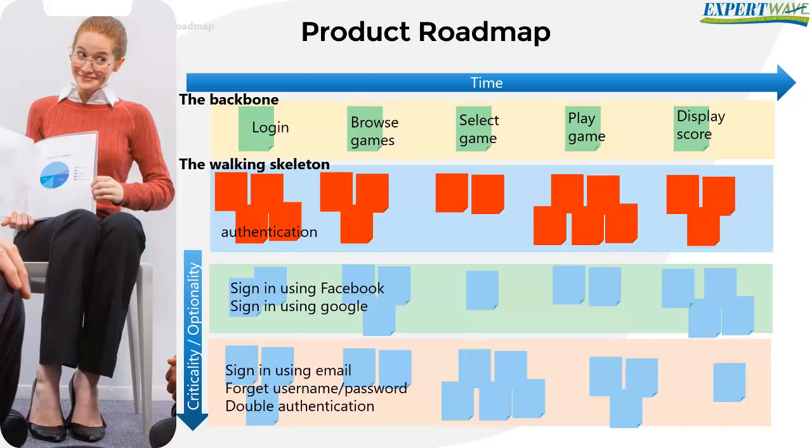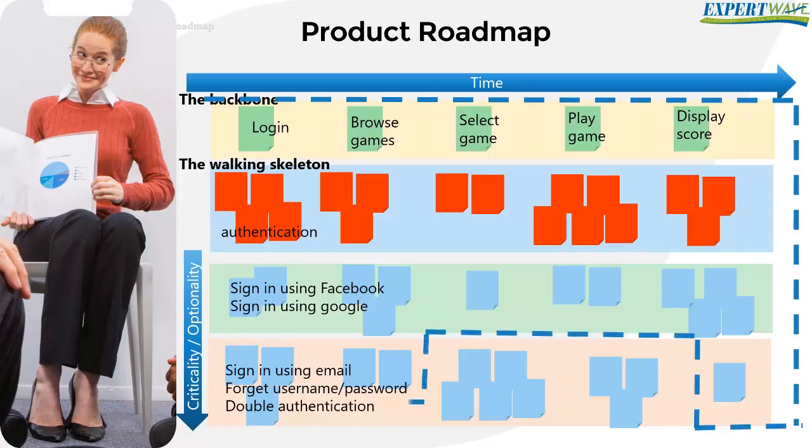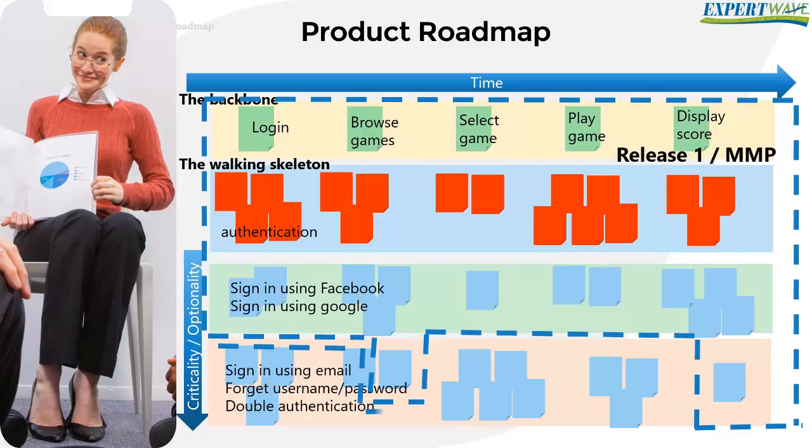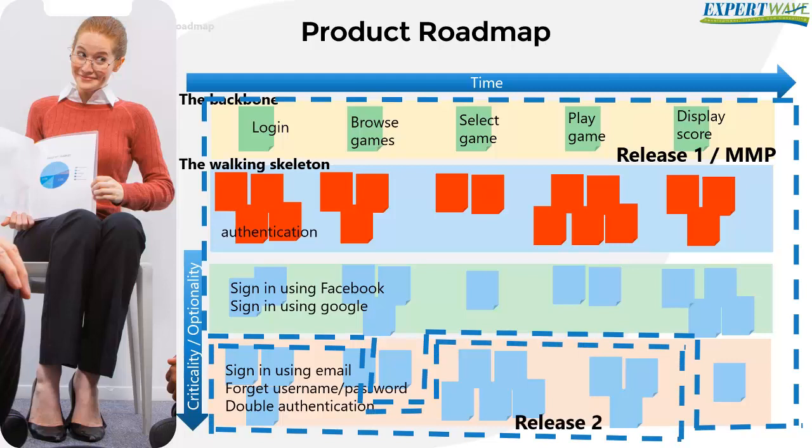Usually, the minimum marketable product or the first release contains the user stories in the backbone row, the walking skeleton row, and some user stories or flesh from the remaining rows. It's important to know that this order might be changed after each release planning meeting or after each backlog grooming activity, according to the priority of user stories. Because in Agile, it's all about delivering the highest value items first.